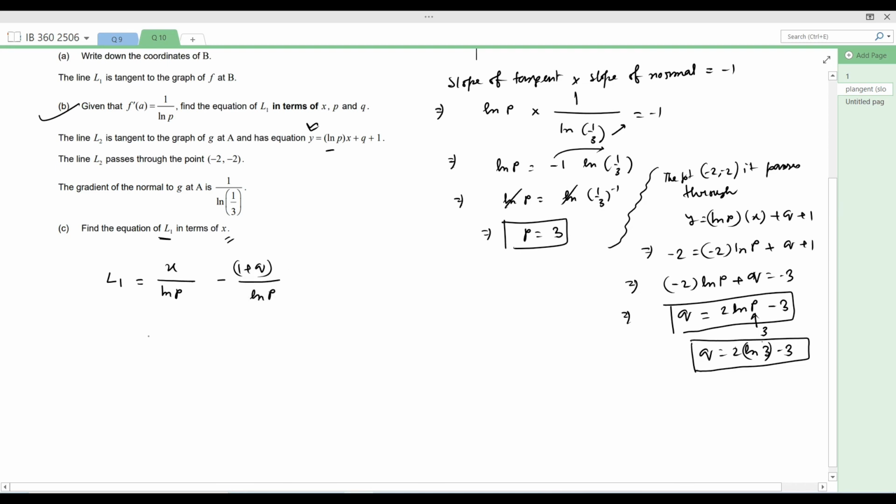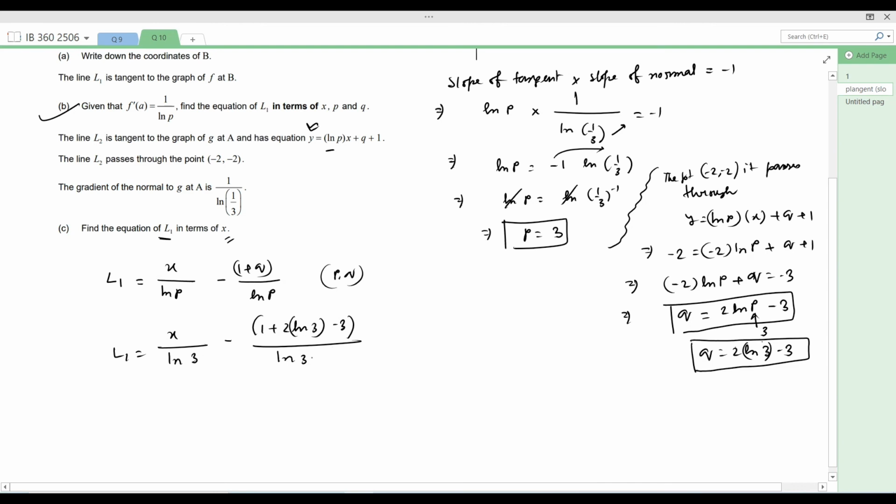If we put the values of p and q from the above two equations, then L1 equals x by ln 3 minus (1 plus 2 ln 3 minus 3) divided by ln 3. So it is 2 ln 3 minus 2.